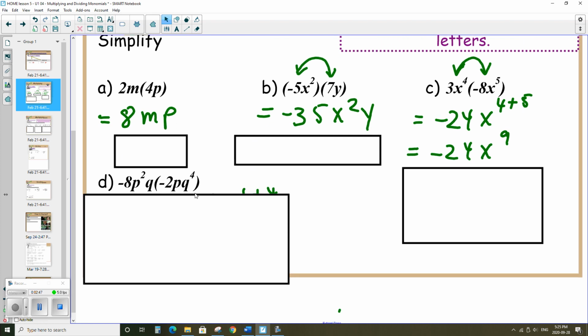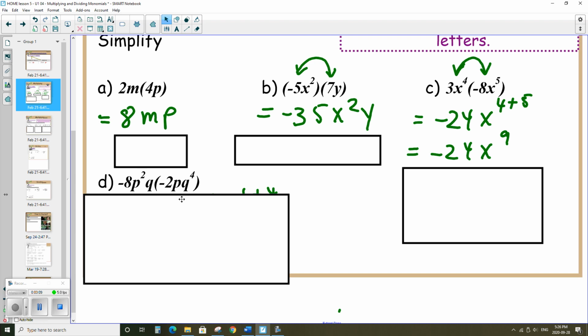And question D, the last question on this slide, -8 multiplied by -2 is +16. And then I look for the letters that are the same. So we've got p squared, and we have a p to the exponent of 1. And then we have a q to the exponent of 1 and q to the exponent of 4.